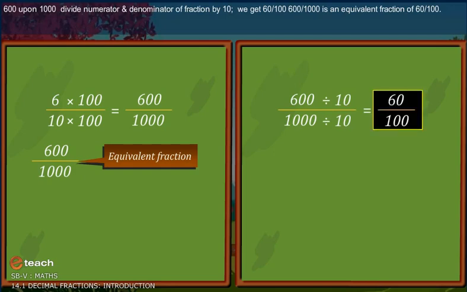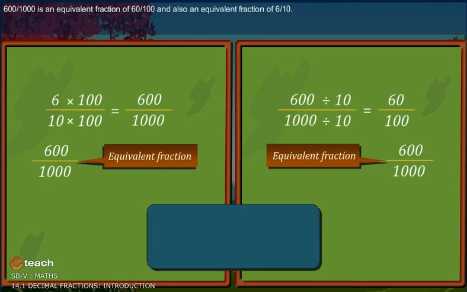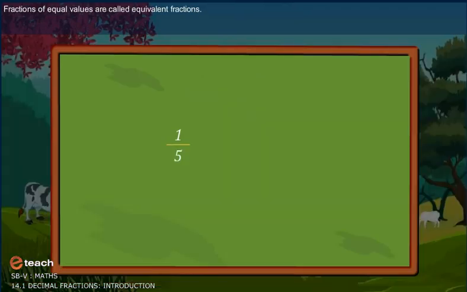We get 60 by 100. 600 by 1000 is an equivalent fraction of 60 by 100 and also an equivalent fraction of 6 by 10.